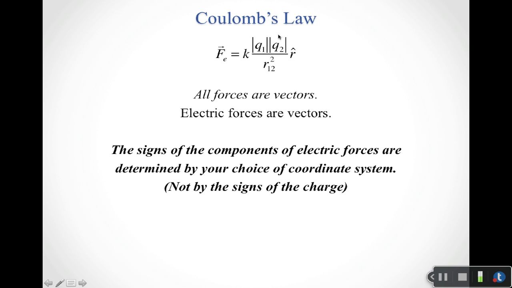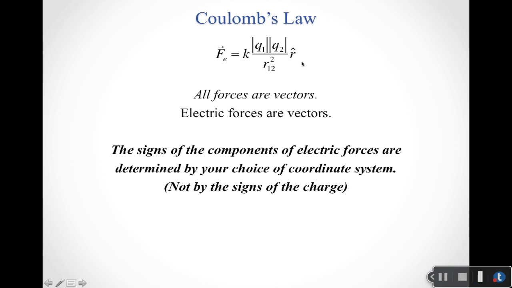You'll notice that when we talk about this being the magnitude of electric force, the magnitude of any vector is always positive. K is a positive number. R is a distance. That's a positive number. Our charges can be positive or negative, but that's why they're put inside these absolute values, because our magnitude has to be positive, because the sign that we need to use with our vector is going to be determined by r hat.